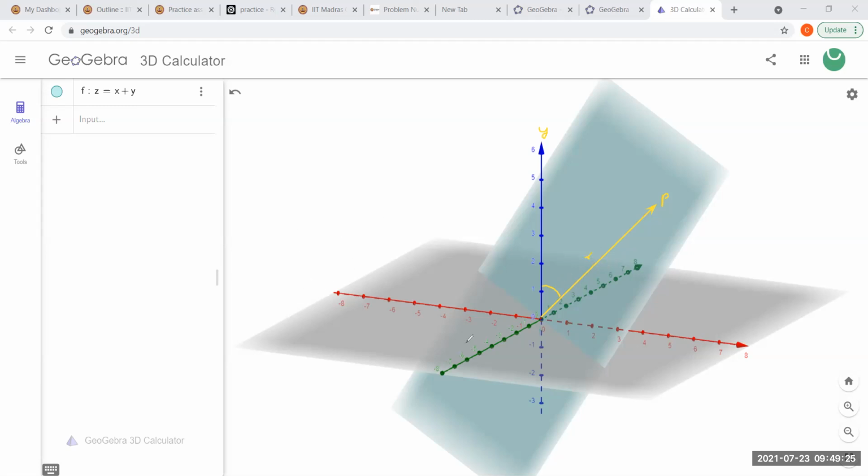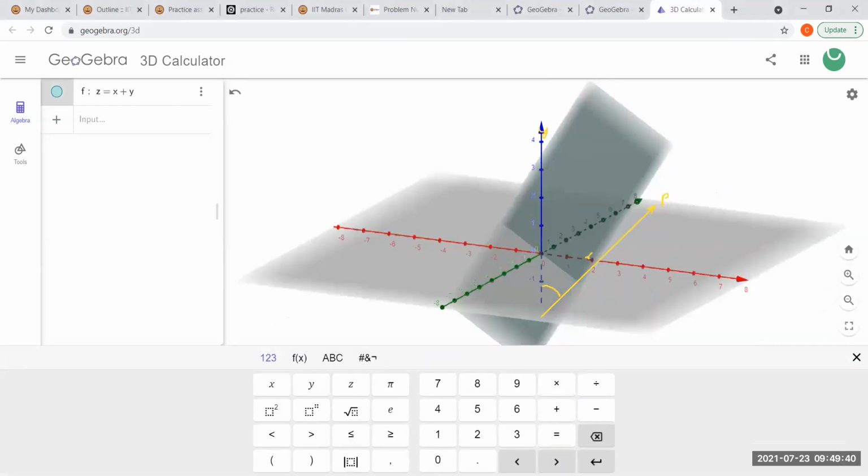Let me make some changes here. Maybe minus x plus.